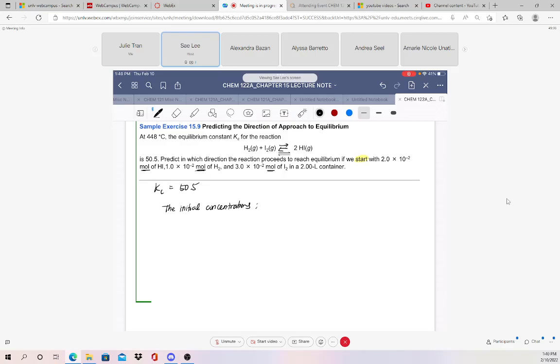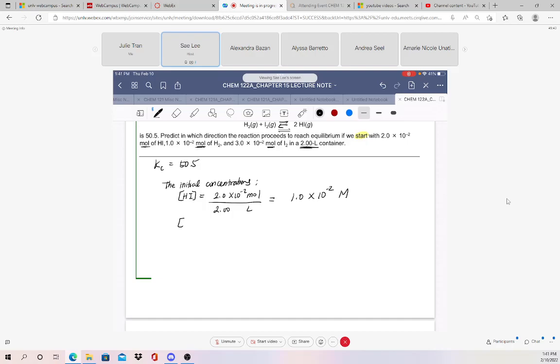And because we are provided with a volume, we can easily find the concentration. So let's find the concentration first. The initial concentration for product is going to be the number of moles given, per liter, so divided by 2.00 liters. That's going to be 1.0 times 10 to the negative 2 mole per liter.